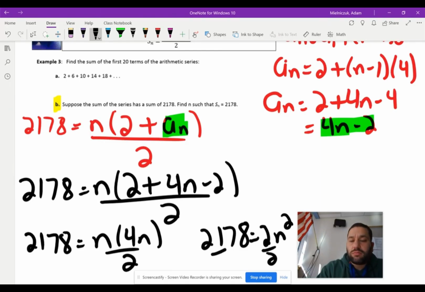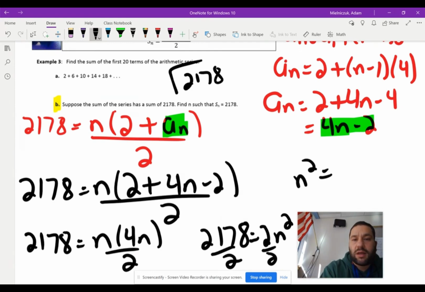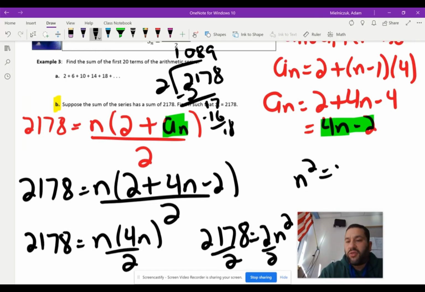Which means I can divide by 2 to get n squared equals, I don't know, what is 2,178 cut in half? I should know this much easier. 17 is what? 8, 16, 18. So it'd be 1,089.